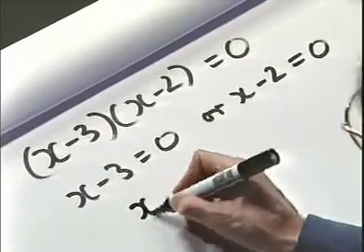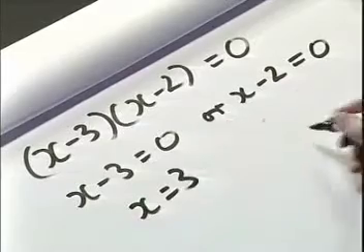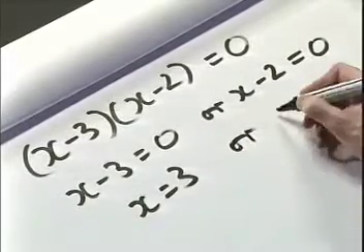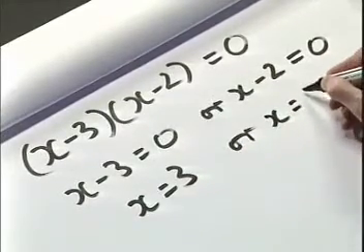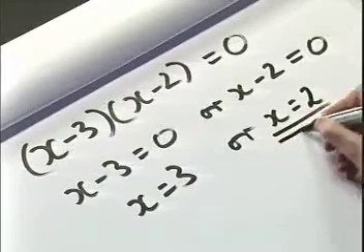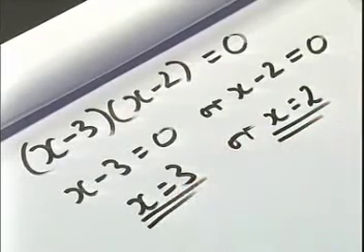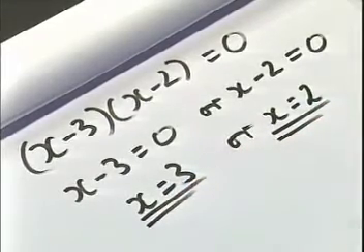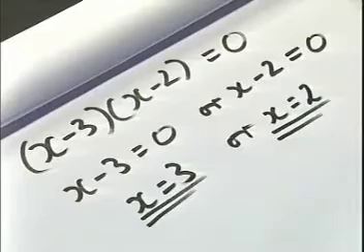This tells us that x must be equal to 3, or this one tells us that x must be equal to 2. And so again, we've arrived at two possible answers.